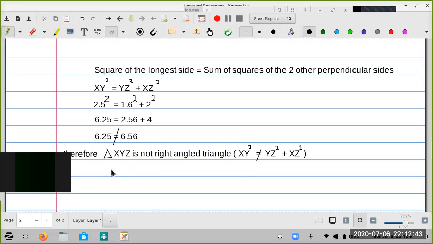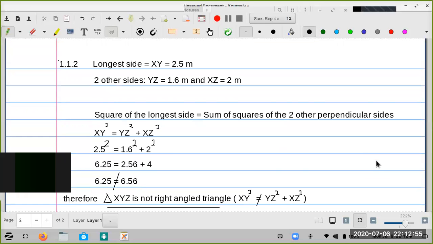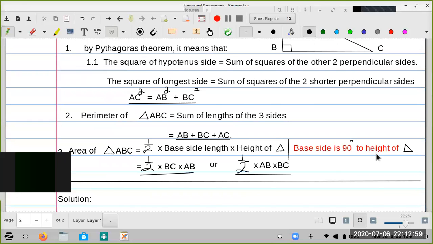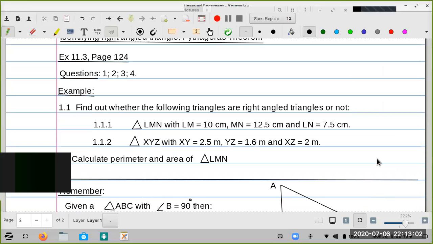So it means we are done with the first two questions. Then we move on to the second one. Let me go up and check the question. 1.2 says calculate the perimeter and area of triangle LMN.